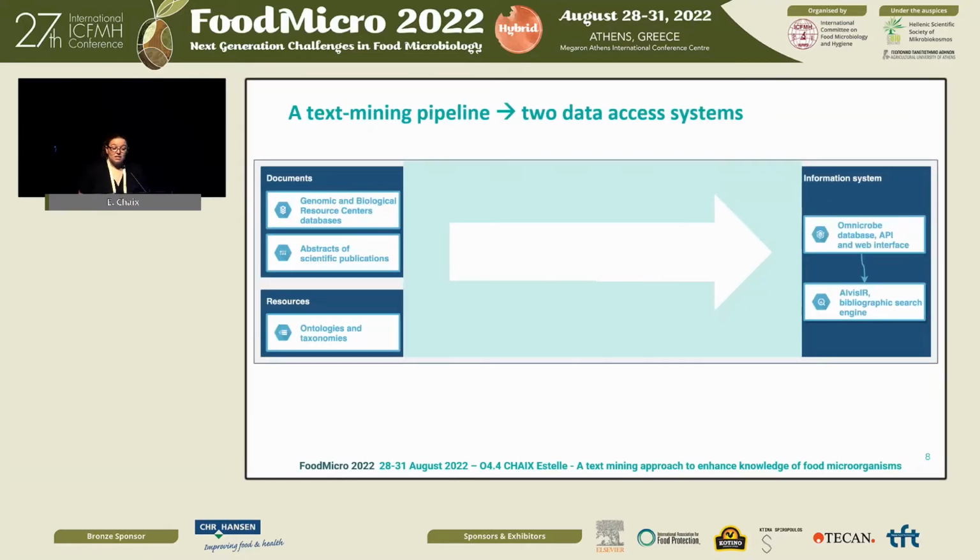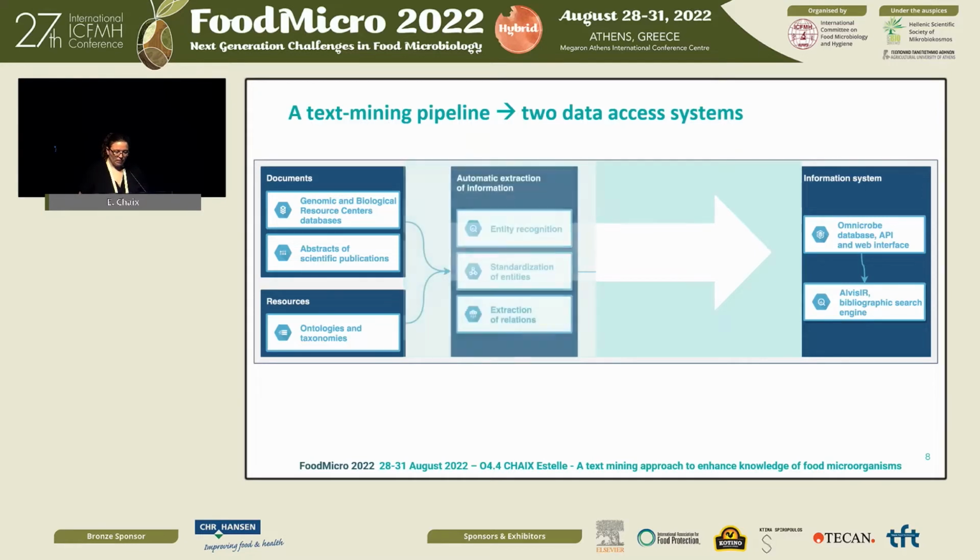We have a text mining pipeline that can feed 2 data access systems. So we use documents, as mentioned, databases or scientific publications, with the help of some resources to standardize it, so ontology or taxonomy. Then we are at the step of automatic information extraction.